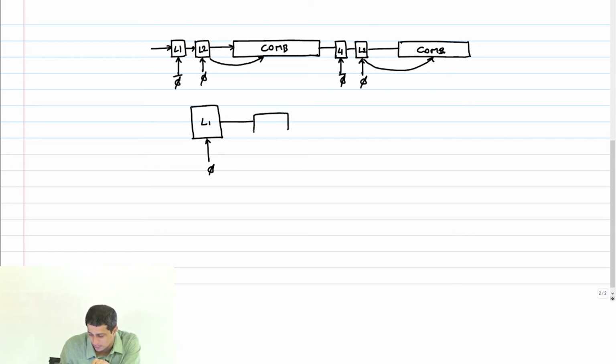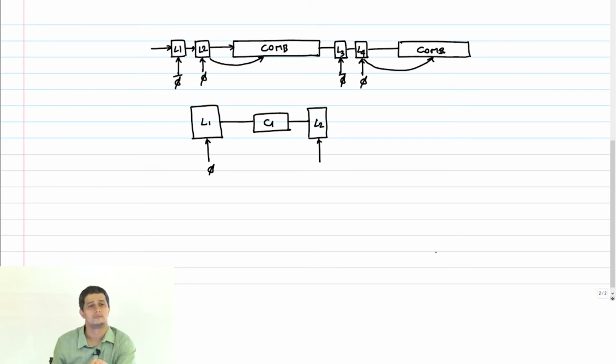I'm going to split this combinational block as C1, then insert my L2 here. Maybe I should call these L3 and L4. So L2, C2. This is combinational block C12, this is C34.